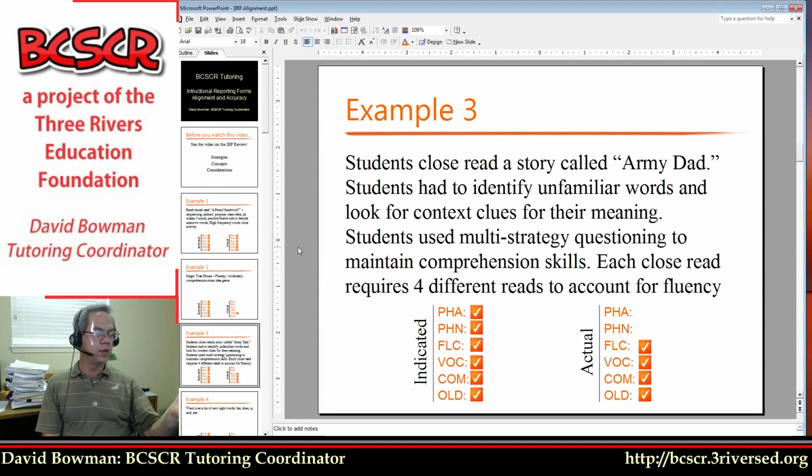We have some fluency going on. We've got multiple read-throughs taking place here, which is very nice to see. We have that repeated practice. But what I don't see is anything having to do with that combination of letters and sounds or the identification of sounds within words. So I couldn't put a check for phonemic awareness or phonics in this particular case.